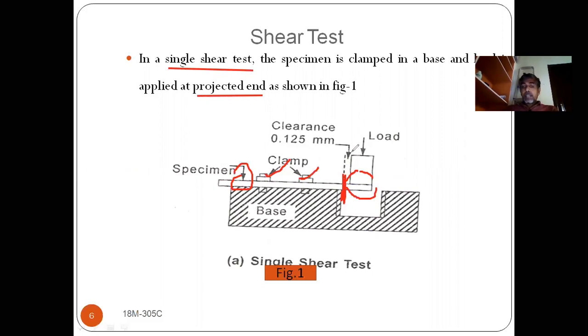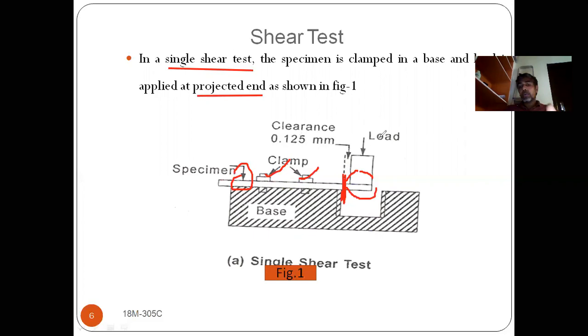Later, you have a projection part in the specimen. On that projection part, we have to apply the transverse load. To apply it, we have to give some clearance, that is 0.125 mm from the end, and you apply the transverse load by using a suitable die.